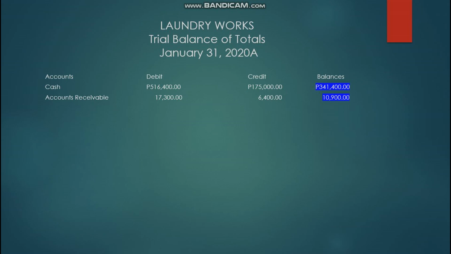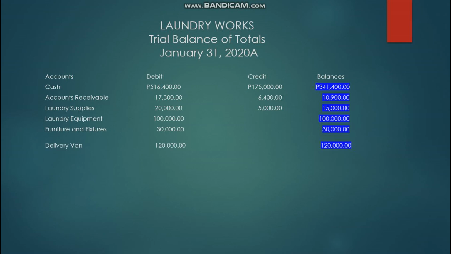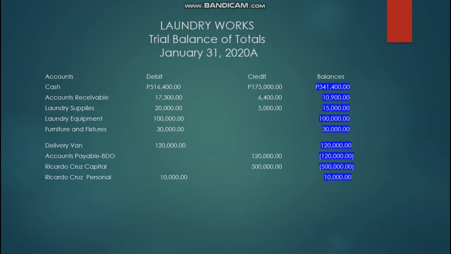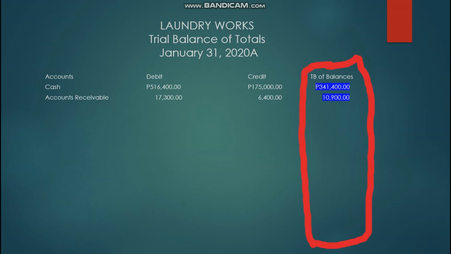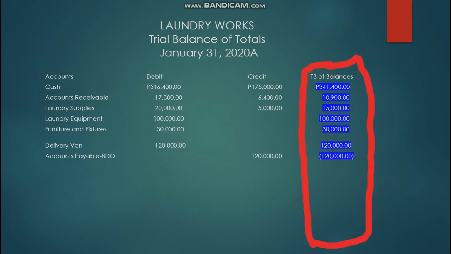So, same with accounts receivable, with debit balance of 10,900, laundry supplies with debit balance of 15,000 pesos, laundry equipment, furniture and fixtures, delivery van, accounts payable, Ricardo Cruz capital, Ricardo Cruz personal, laundry income, laundry supplies expense, salaries and wages, water and electricity, fuel and gas expense. Okay, so these net balances here are what the accountant uses when she prepares the actual trial balance report.